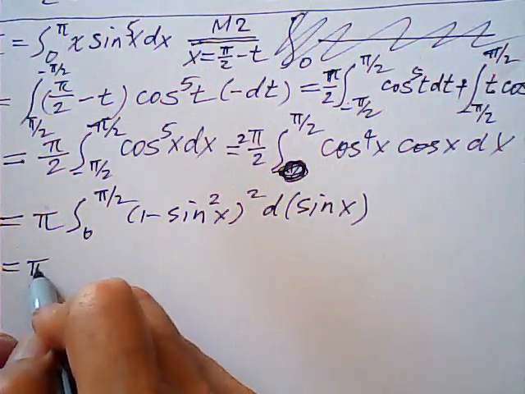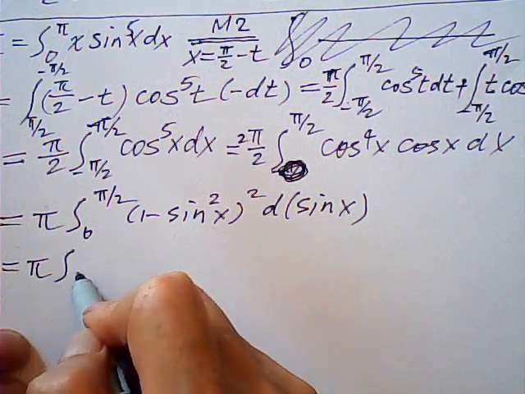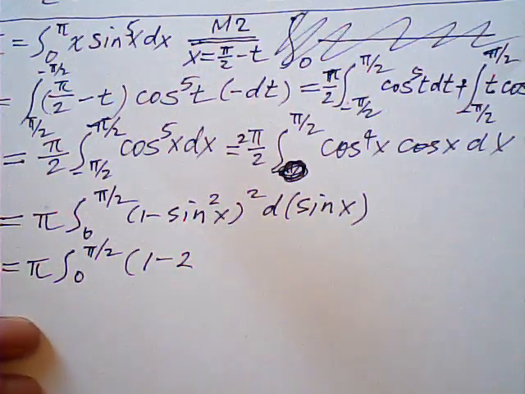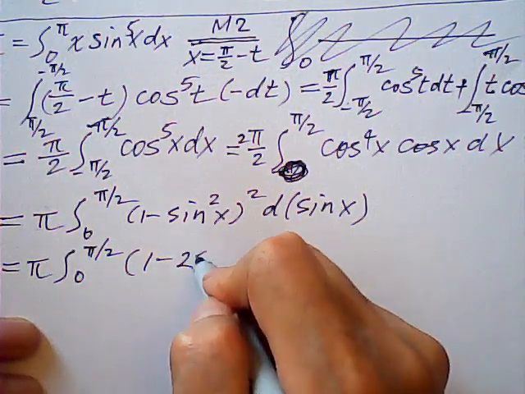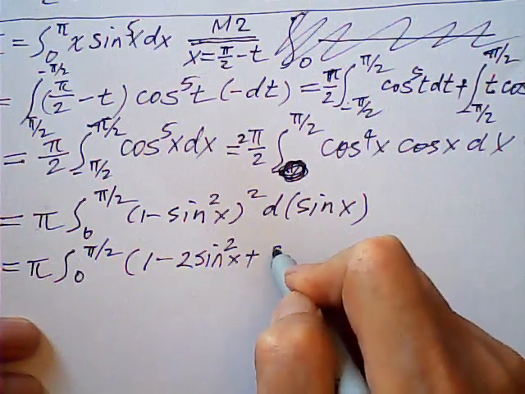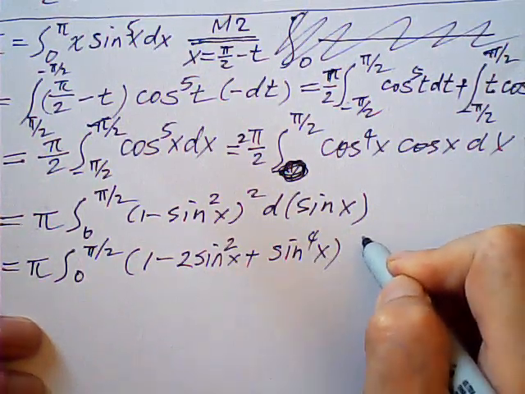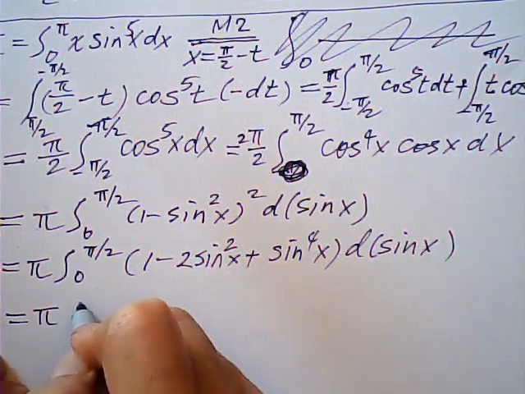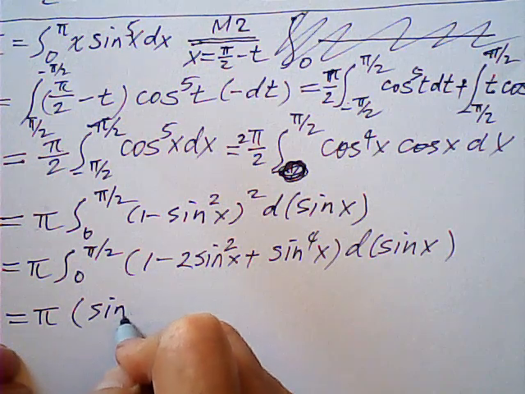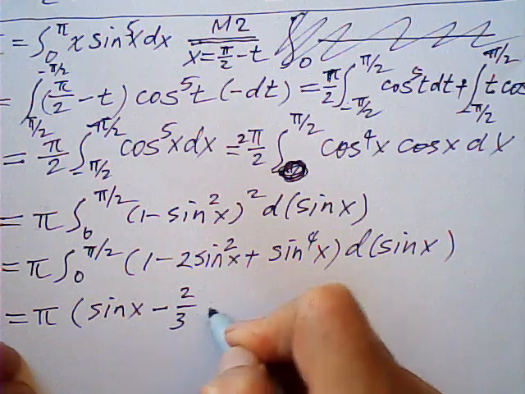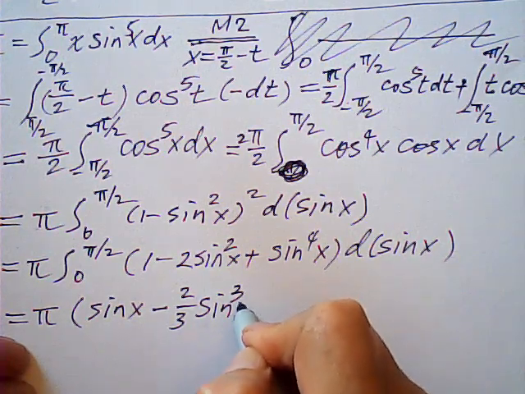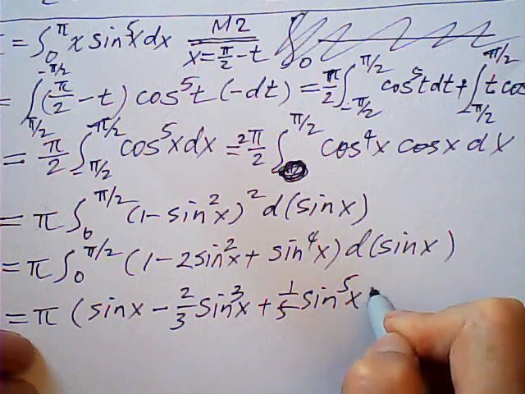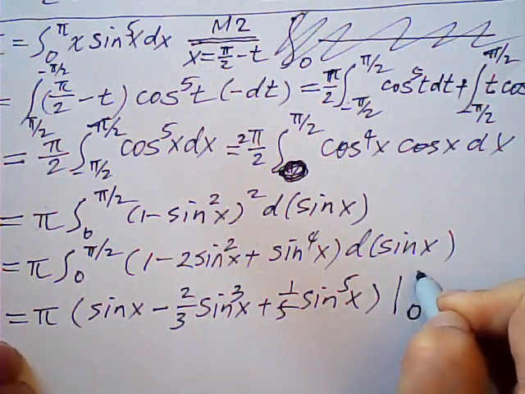So this becomes pi times the integral 0 to half pi. This is 1 minus 2 sine square x plus sine fourth x d sine x. So it becomes pi times sine x minus 2 over 3 sine cube x plus 1/5 sine fifth x from 0 to half pi.